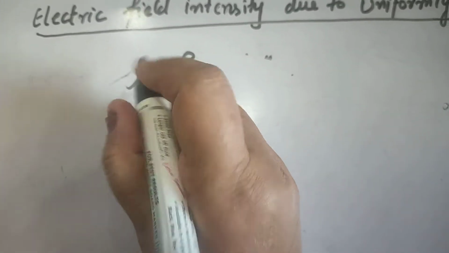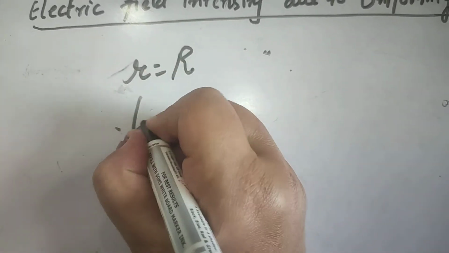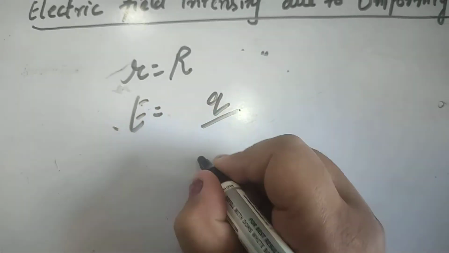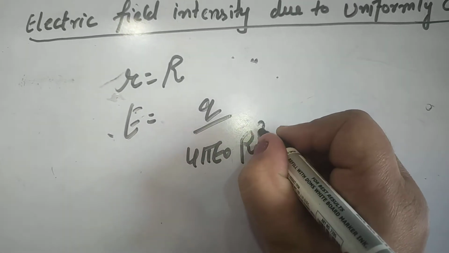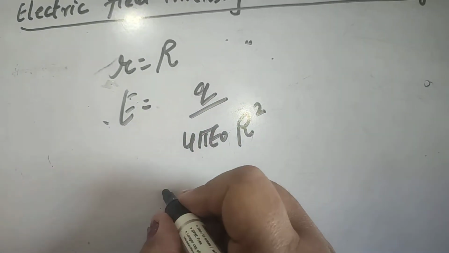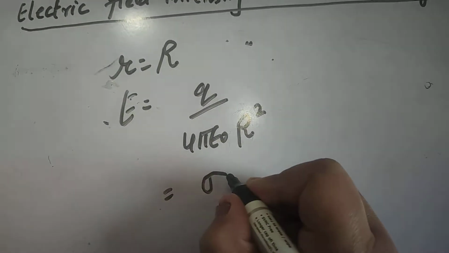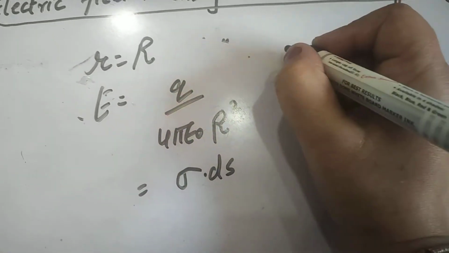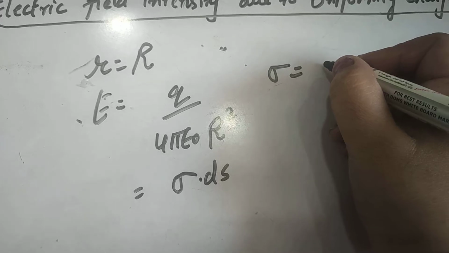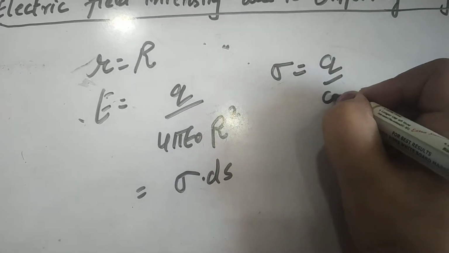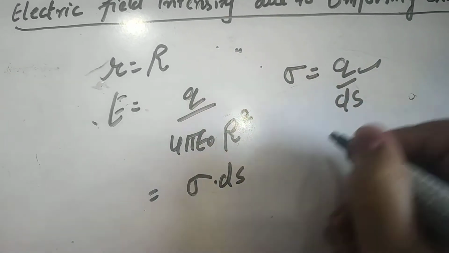So phi E we have already calculated here. E is equal to Q upon 4 pi epsilon naught, where small r will be replaced by capital R square. Also we know that Q is equal to sigma dS, since the surface charge density sigma is given by Q upon dS.